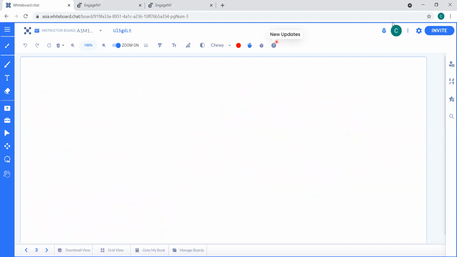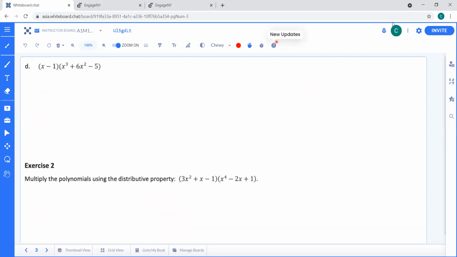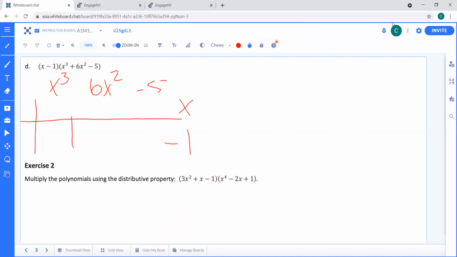Another one. I just put my bigger polynomial on top, just because that's how I'm used to doing it.